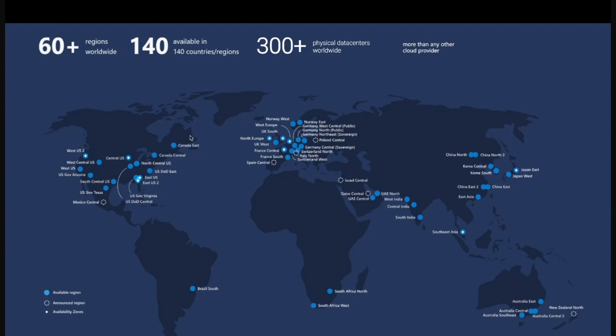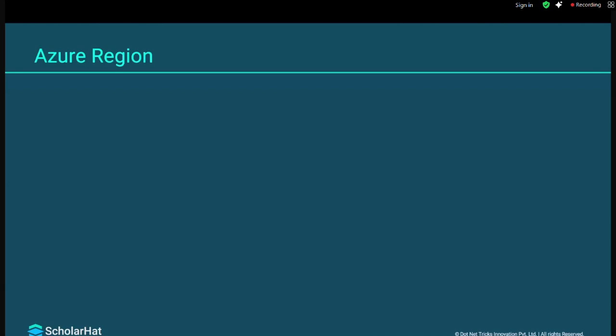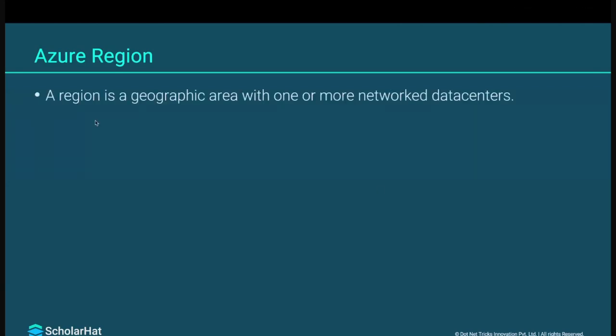I'm currently based out of India. In India itself, we have 3 regions: West India, Central India, and South India. In each region, we'll have zones, and in each zone, we'll have data centers. This is the definition that I already told you.